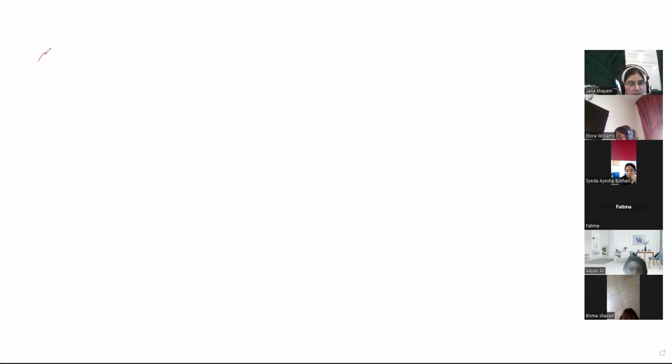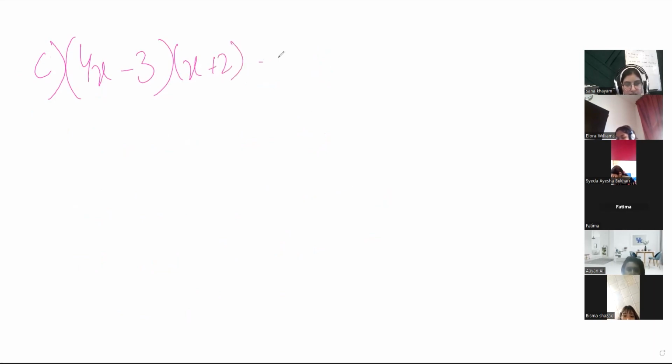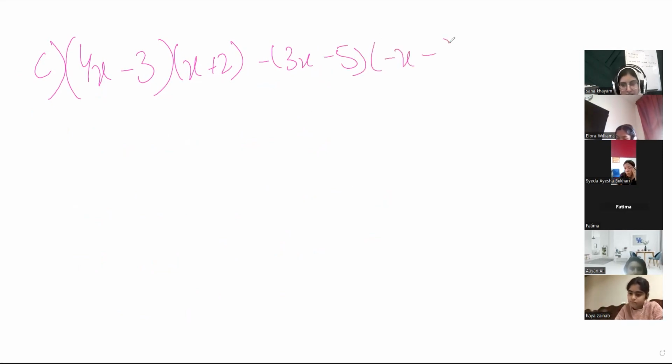That is part C, and it says 4x minus 3 whole bracket, then again x plus 2, minus, and then 3x minus 5 whole bracket again, and then we have minus x minus 9.